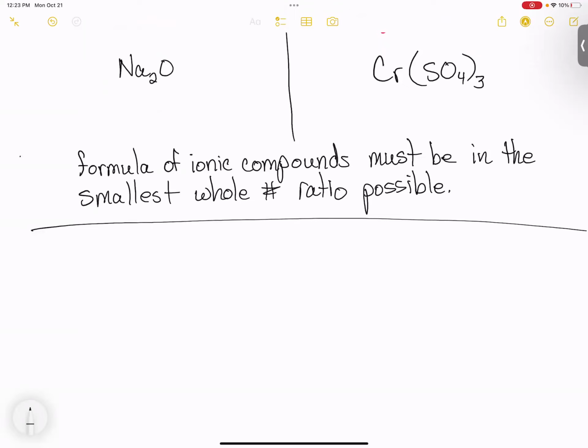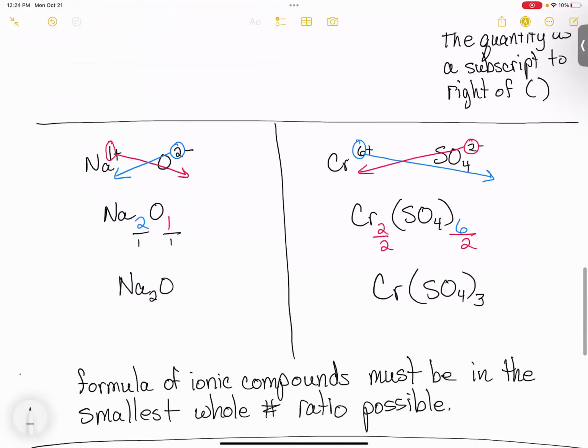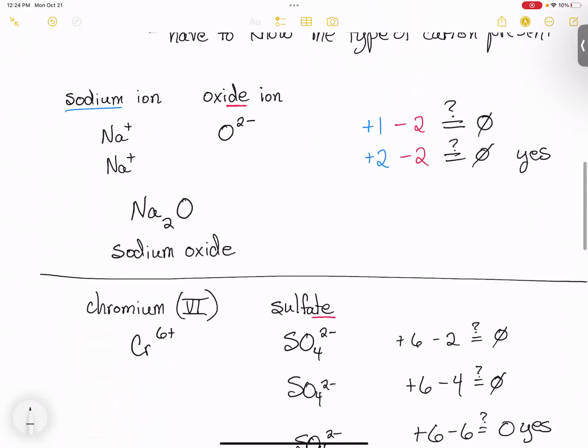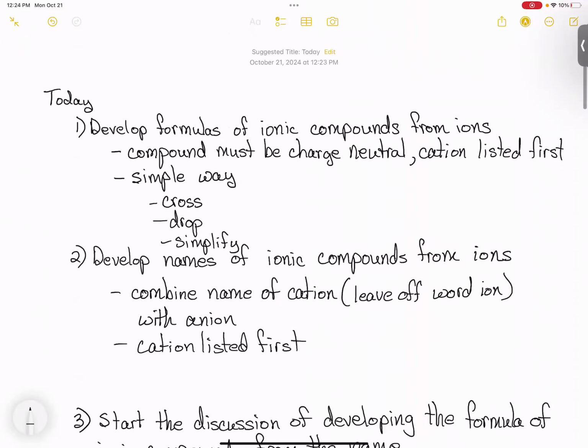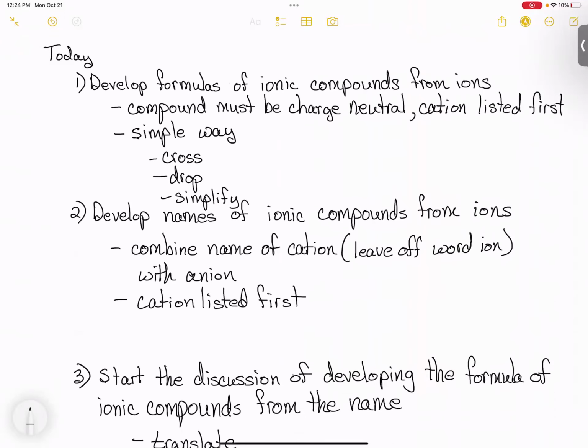Questions about the formation of the formula and the name of an ionic compound as far as general concept? So the key points that have been brought forth: number one, we have been developing the formula of an ionic compound from the ions. The compound has to be charge neutral, meaning all of the positive has to be counteracted by negative, so that the compound itself has zero charge.